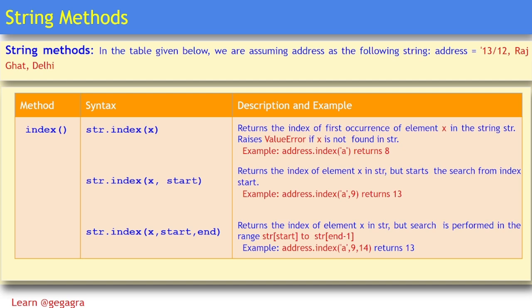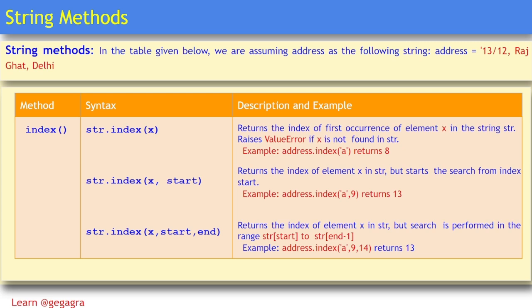And here is another method: you want to find the index of this character, and you should start finding the index from this index and go up to this index. Between these two you have to find the index of x.